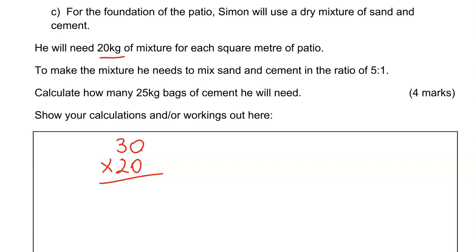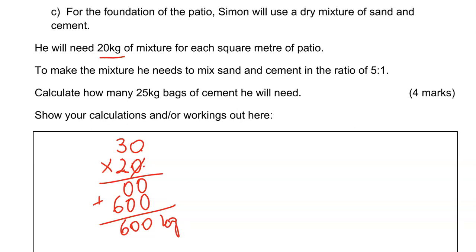So 0 times 0 is 0. 0 times 3 is 0. Moving down, 2 times 0 is 0. 2 times 3 is 6. So that is 600 kilograms of mixture needed in total.